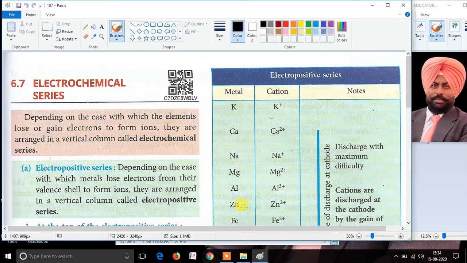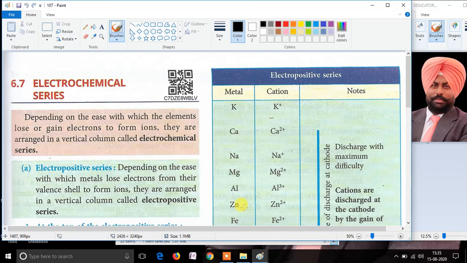In our previous videos, we have discussed certain experiments based on the electrolytes and the metallic conductors, in which electricity was used from the source known as battery, and with the help of anode and cathode, the circuit was closed by using some metallic conductors and some electrolytes.